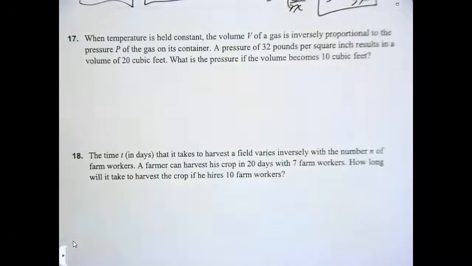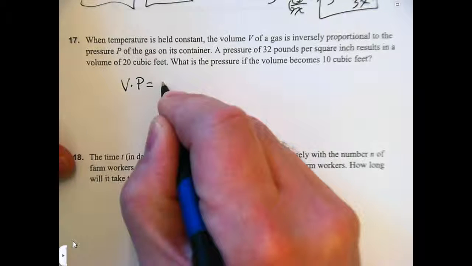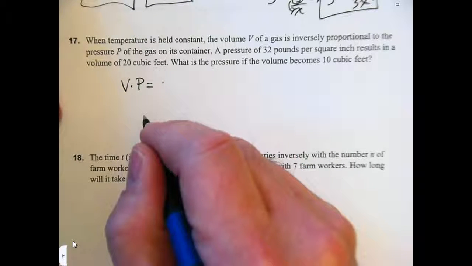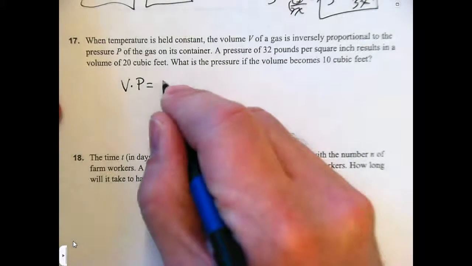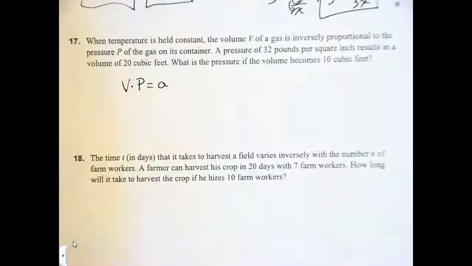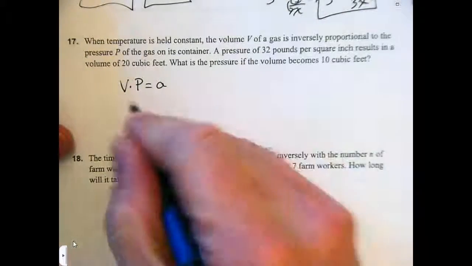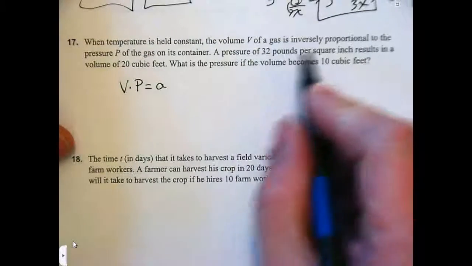Okay, so a couple things. First, you have volume and pressure varying inversely. That means V times P equals our constant of variation, right? So that would be our K. The book calls that A or K there. So we're going to call it A. Okay? And so in that case, they tell us a situation.